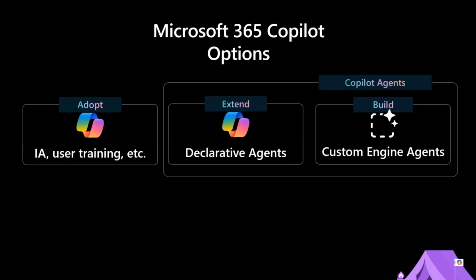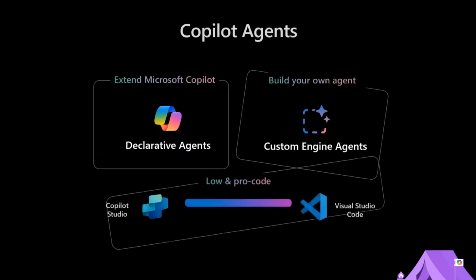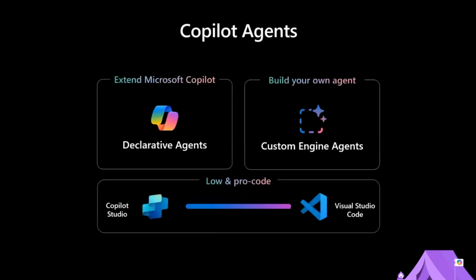However, if you're coding, you're probably talking about building Copilot agents, and today's presentation is focused more on the pro code side and specifically on the extend side. The difference is that with extend, you're building something called declarative agents. You're using the AI that's built into Microsoft 365, and you don't have to supply the AI engine or the orchestration.